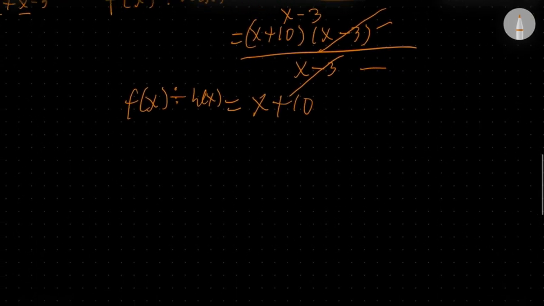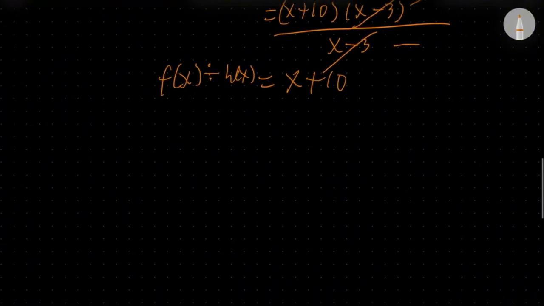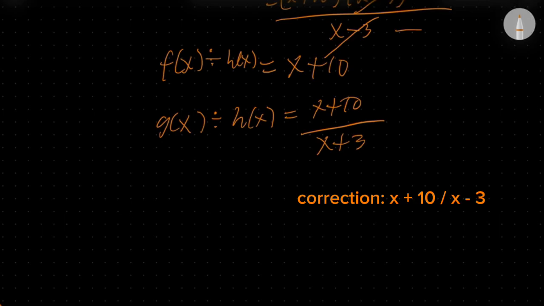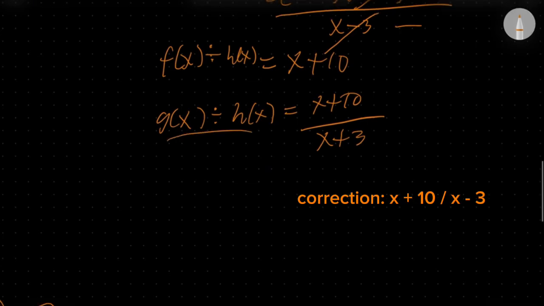Now let us proceed to letter C. G of x divided by h of x. We'll have x plus 10 over x plus 3. And since we can't factor this out, we'll know that g of x divided by h of x is x plus 10 over x plus 3.